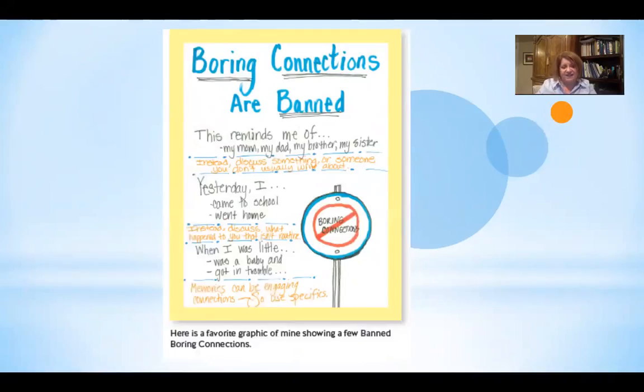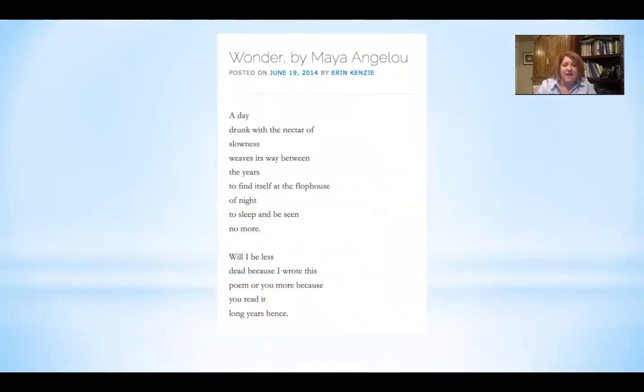And she suggests, instead, discuss what happened to you that isn't routine. Another one she banned was when I was little, or when I was a baby and I got in trouble. And she wrote there, memories can be so engaging as connections. Use specifics. So she was encouraging them to make connections to the text, but be specific.